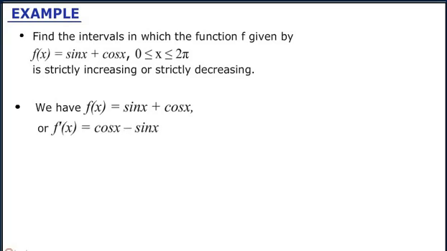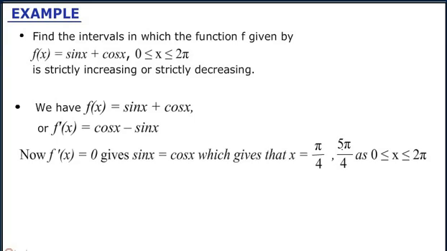Differentiating with respect to x, we get f dash x equals cos x minus sin x. Now, f dash x equals 0 gives sin x equals cos x, which gives x equals pi by 4, 5 pi by 4, because x is within the closed interval 0, 2 pi.